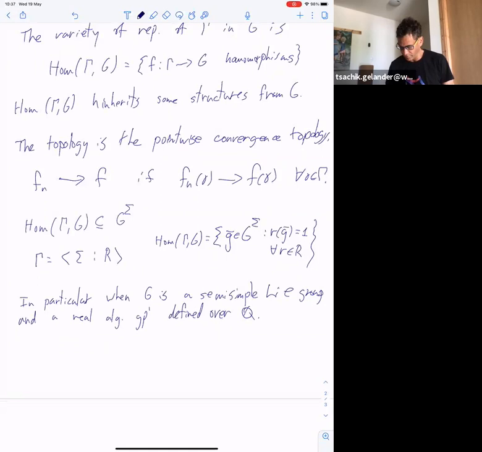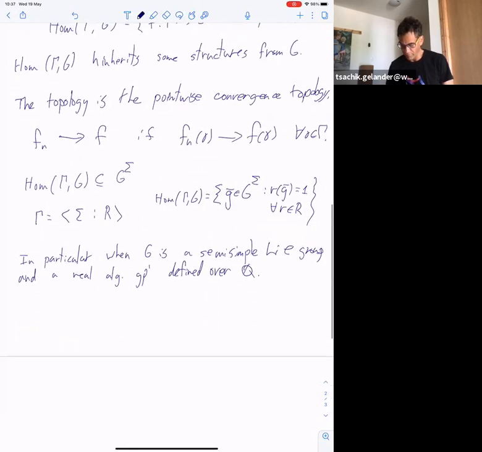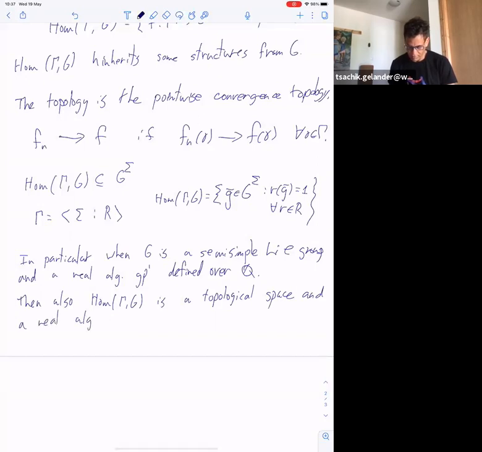So these are all the groups we are interested in. Every adjoint semi-simple Lie group has such a structure. Then also Hom(gamma, G), if gamma is a finitely generated group, is a topological space and a real algebraic variety defined over Q.